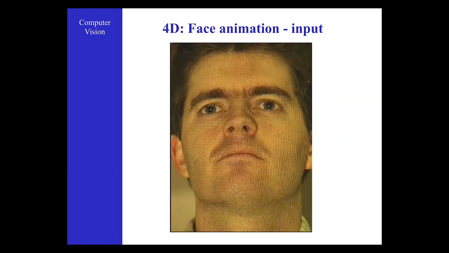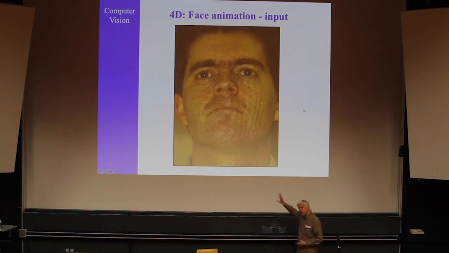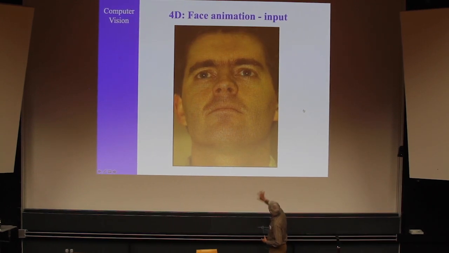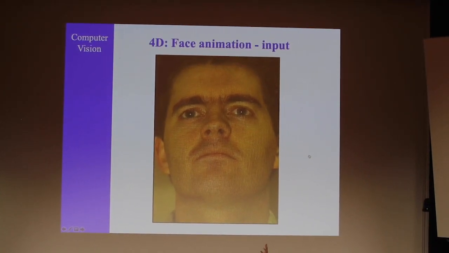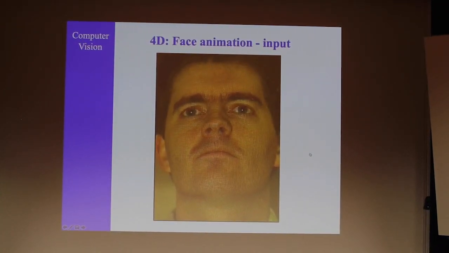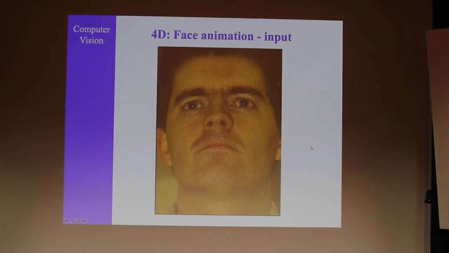Now the important thing of a one-shot system, I've been pointing it out before, is that the scene can move because the acquisition time is short. Of course, the scene cannot be too dynamic in comparison to the acquisition time. But if you have normal motion, normal video speeds will do. So if you project a pattern onto a dynamic scene, you take a video, seeing that pattern, and then for every single frame in the video you make a 3D reconstruction.